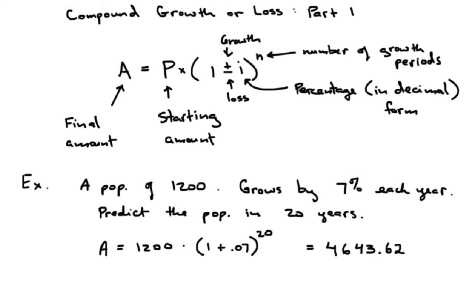I'm going to do another example, and again, it's using this formula. But sometimes we don't have a percentage of growth or loss. We have a different situation, so that's what I'm going to do in this next example. Here we have 700 ants in an ant nest, and somebody says it doubles every 5 weeks.